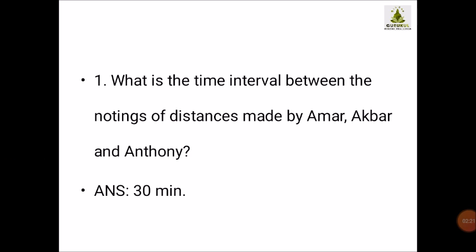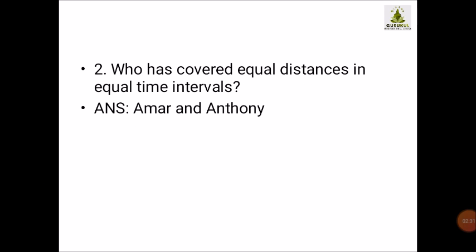What is the time interval between notings of distance made by Amar, Akbar and Anthony? The time interval difference is 30 minutes, and it is the same for all. Now, who has covered equal distance in equal time intervals?